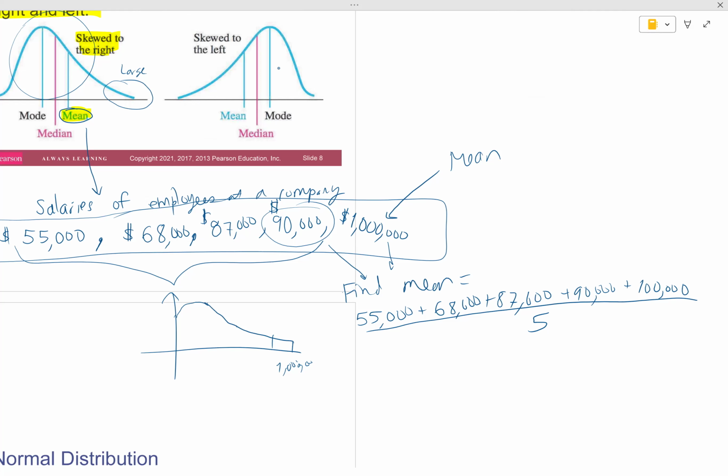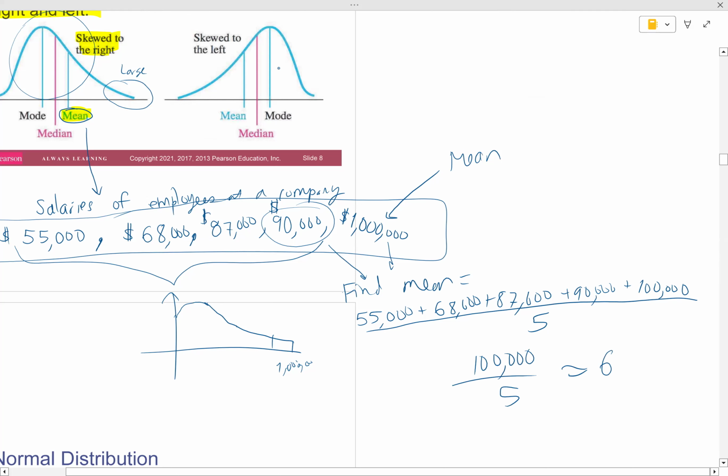Okay, what do we got? 55,000, 68,000, 87,000, 90,000. And then I've got 100,000. It looks like 400,000 over 5. Oh, sorry, 300,000 over 5. Which is 60,000.